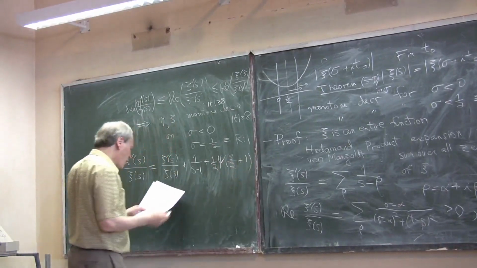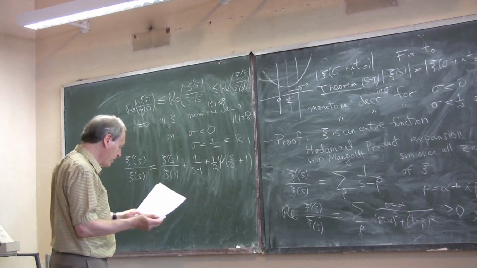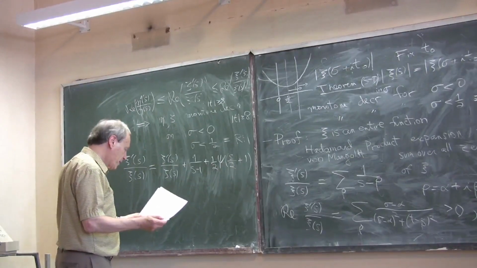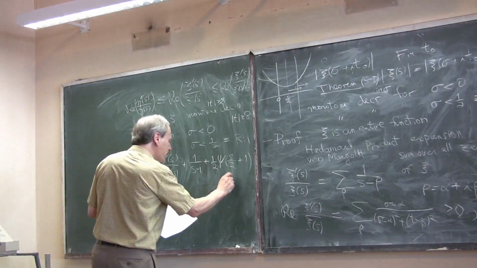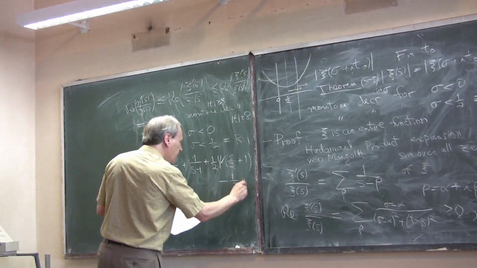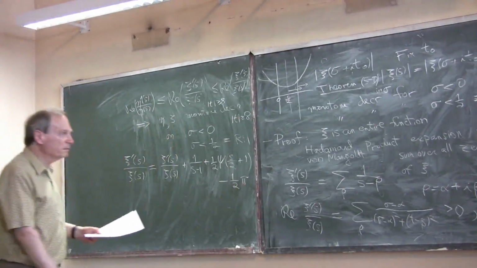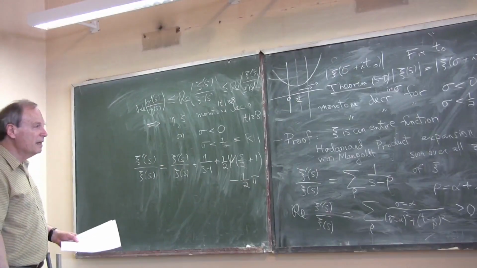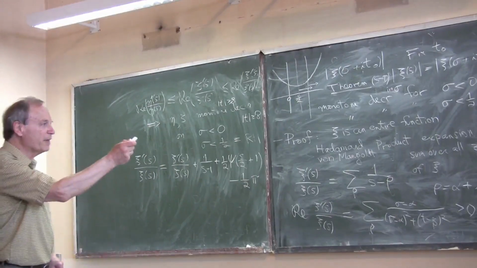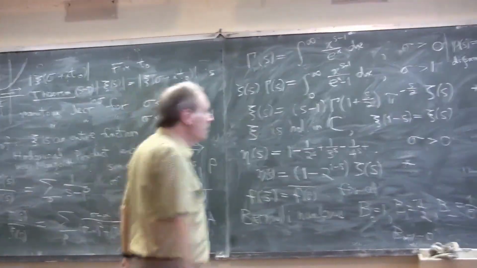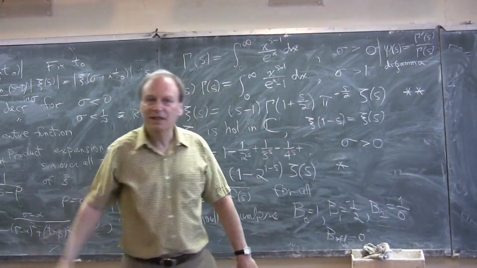Then I get the logarithmic derivative of that exponential, which is really easy. That's just minus 1/2 log pi, the logarithmic derivative of pi to the negative s over 2.